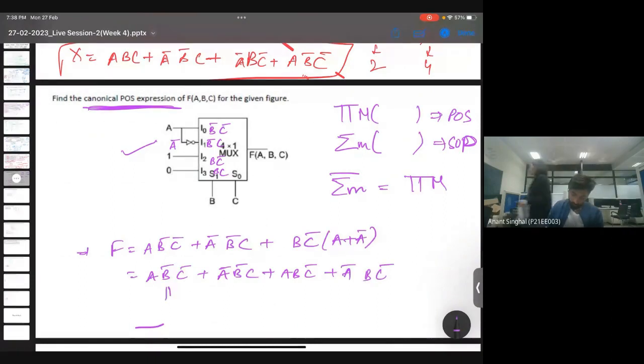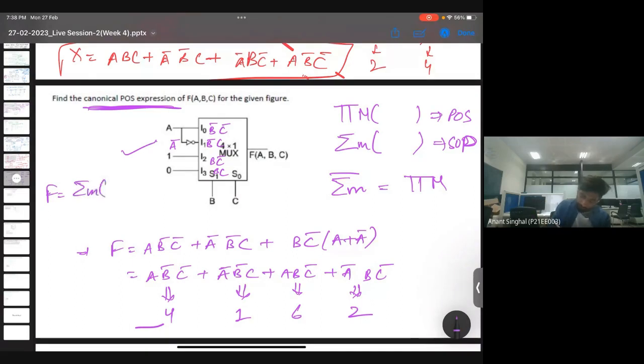So this is nothing but 100, which is 4. This is 001, which is 1. This is 110, which is 6. And this is 010, which is 2. So F is nothing but summation of 1, 2, 4, 6. So if I write the max terms out of it, there will be nothing but 0, 1, 2 is there, 3, 4 is there, 5, 6, 7.